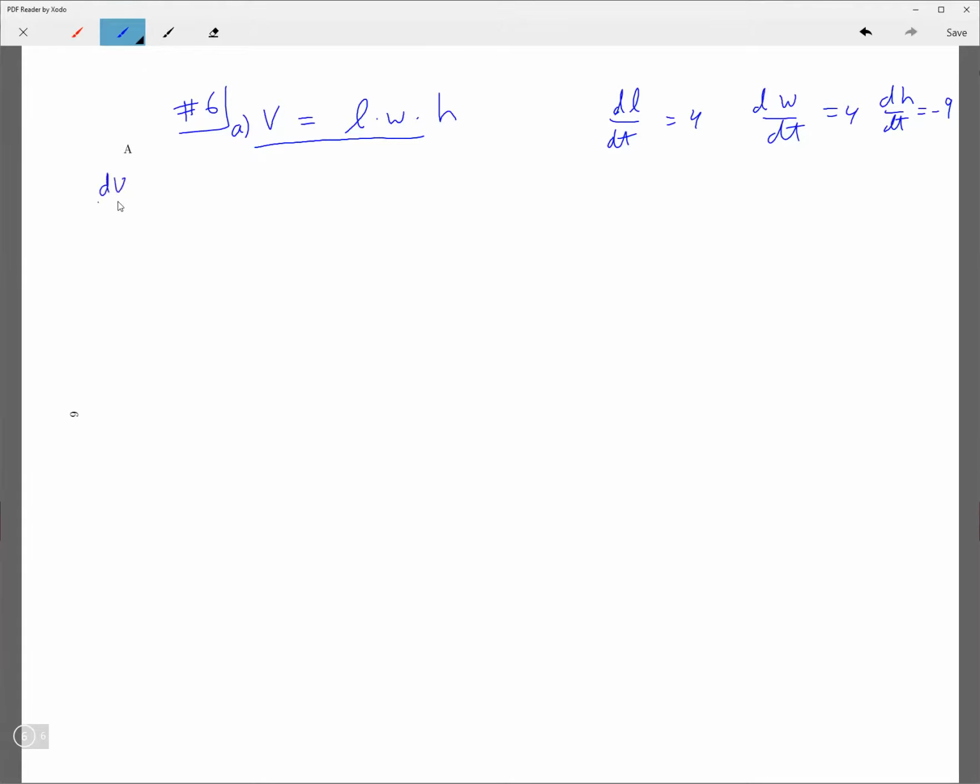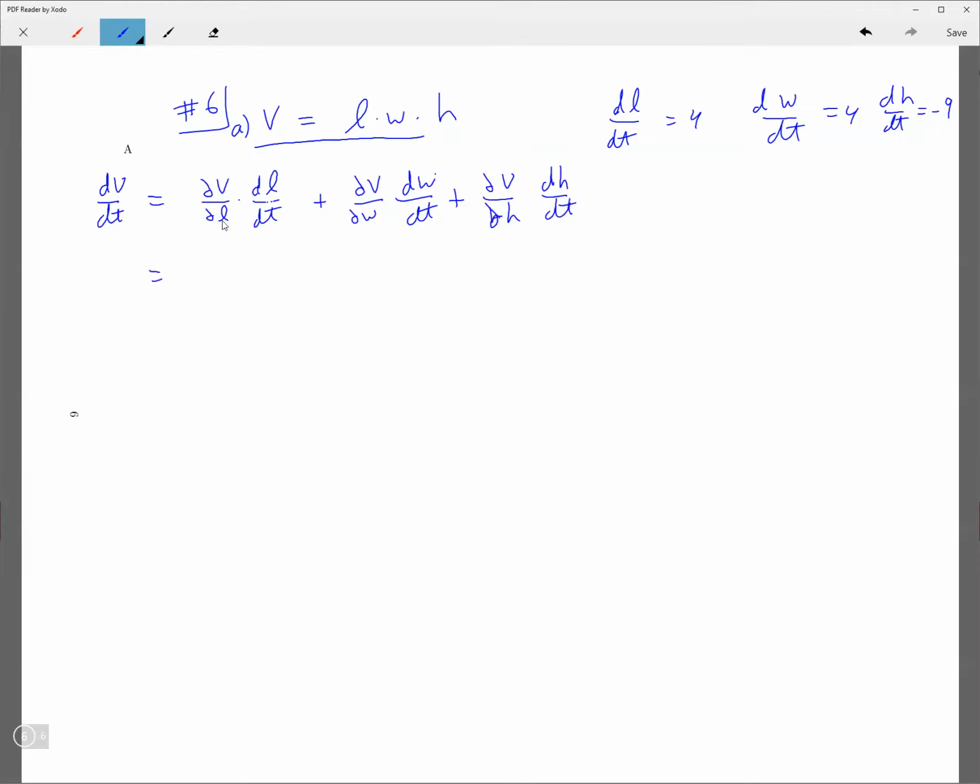So dV/dt is the partial of V with respect to L times the derivative of L with respect to t, and then plus the partial of V with respect to W times the derivative of W with respect to t, plus the partial of V with respect to H times dH/dt.